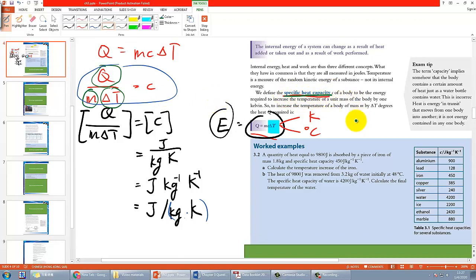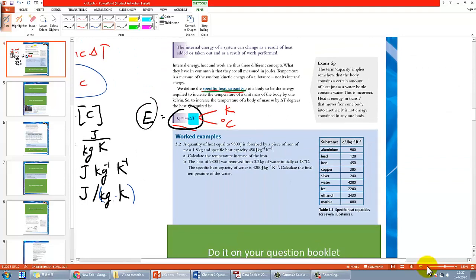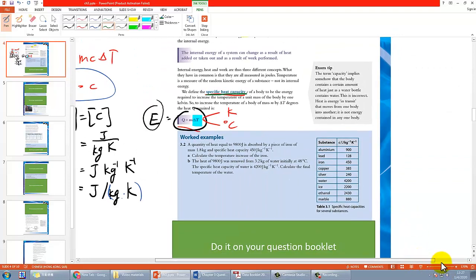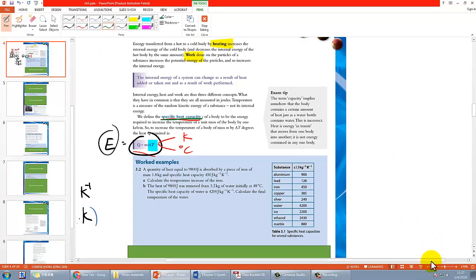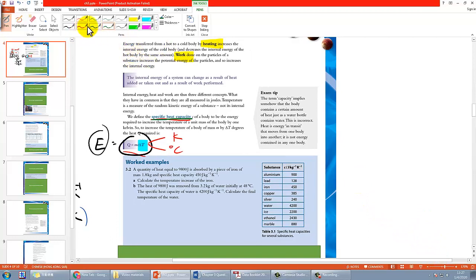Okay. The other concept, before we do calculation, is that there is another terminology called heat capacity, which you have learned in year 9, just a refresh on the knowledge. Heat capacity and specific heat capacity, apparently it's just missing the word specific.